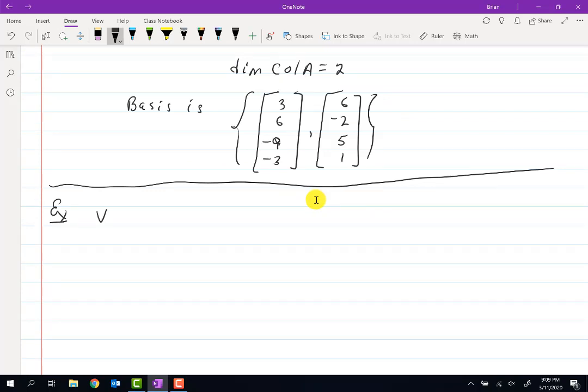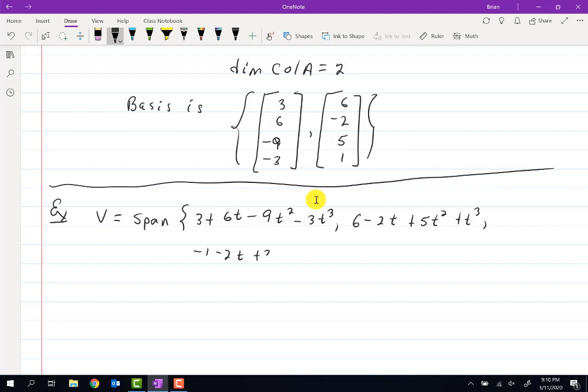We're going to let V equal the span of the following polynomials: 3 plus 6t minus 9t squared minus 3t cubed, 6 minus 2t plus 5t squared plus t cubed, comma, negative 1 minus 2t plus 3t squared plus t cubed.